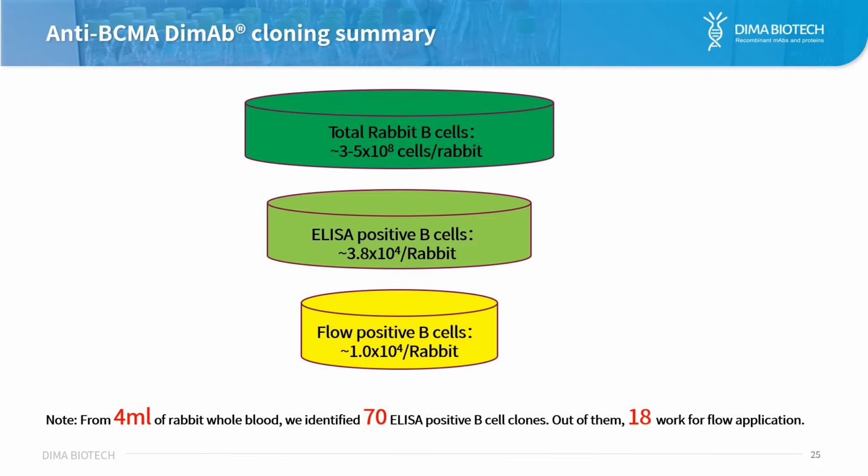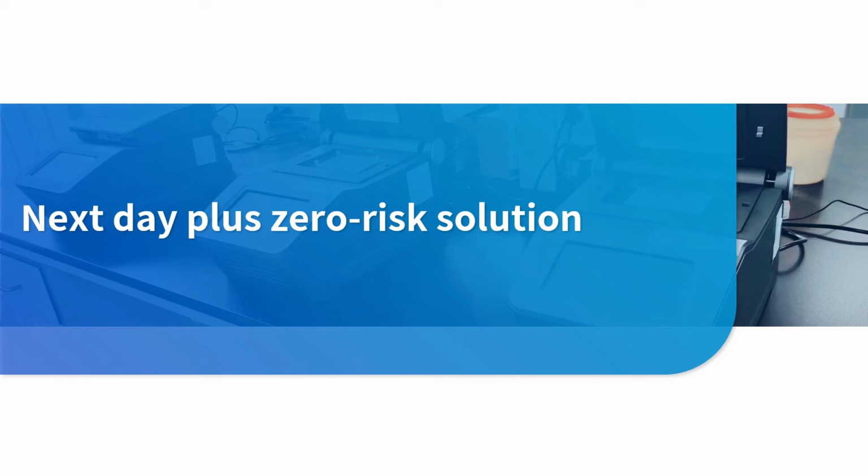We still have a large number of B cells stored in liquid nitrogen for future screening and cloning. Now we talked about the 2 key steps for therapeutic antibody discovery and showcased one target from the antibody discovery to the IND clinical trial.